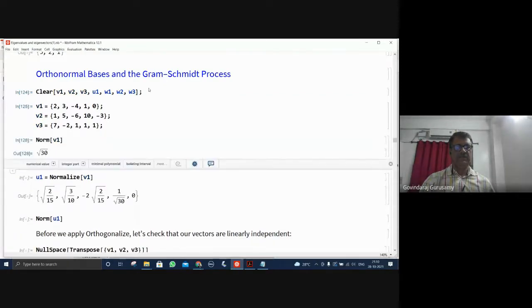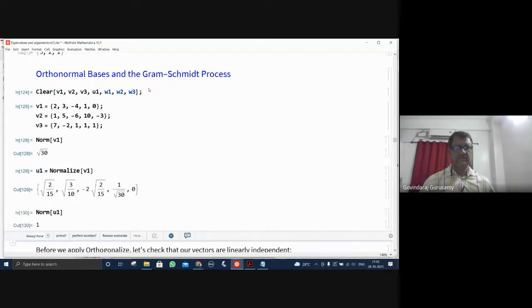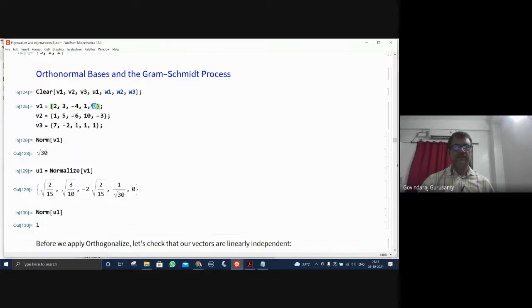Normalize the first vector and then find the norm. That becomes 1. So this norm value goes into this, which means we are finding the unit vector, and the norm of this unit vector is going to be 1. That is done by normalizing v1 and finding the norm, which is equal to 1. I think you understand what I'm trying to say. I have the 1, 2, 3, 4, 5 column.